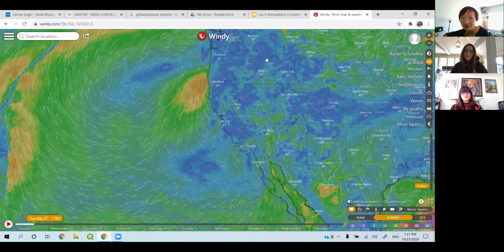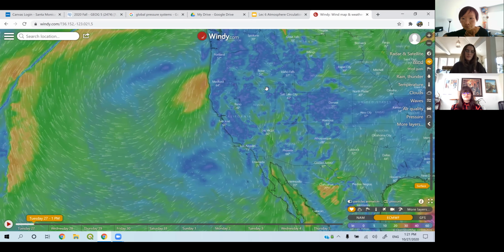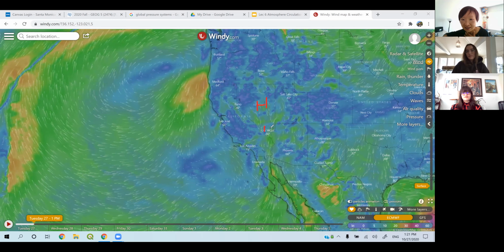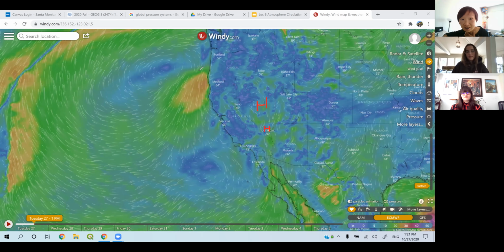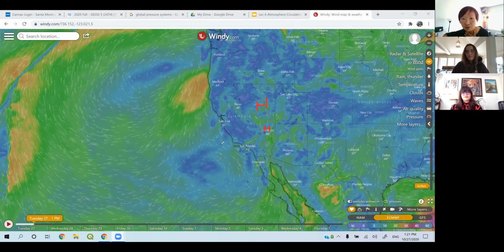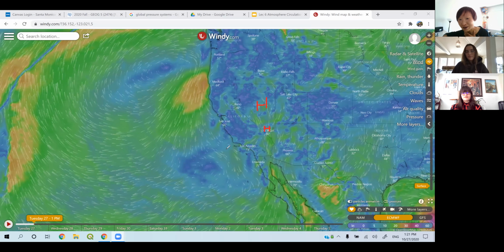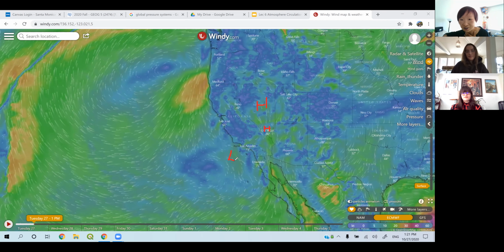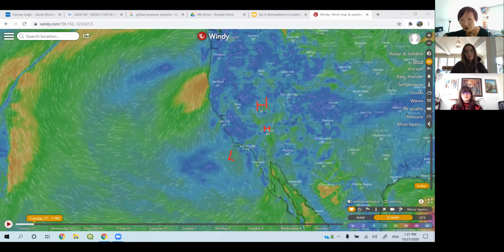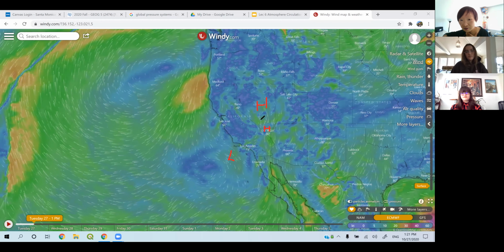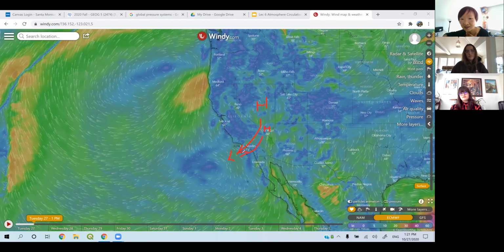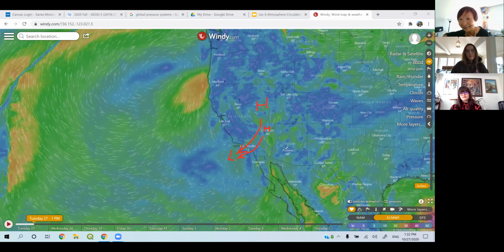So you end up with a high pressure in Nevada, Vegas. But our ocean down here in LA is still relatively warmer, so you will have a low pressure here. Wind goes from high to low, to the right. That is why we now have this Santa Ana wind.